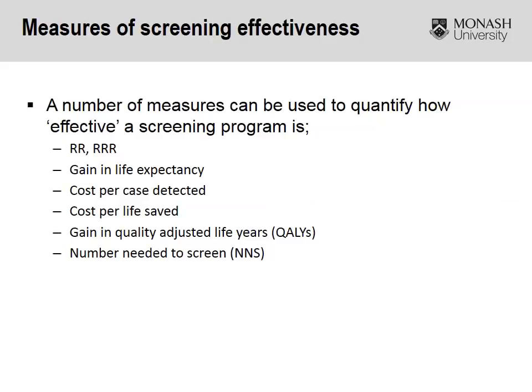So I'm not going to spend a whole lot of time on the measures of screening effectiveness, only to highlight that there are a number of measures that can be used to quantify how effective a particular screening program is.